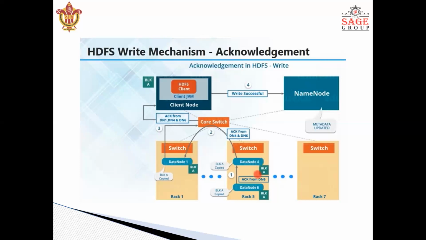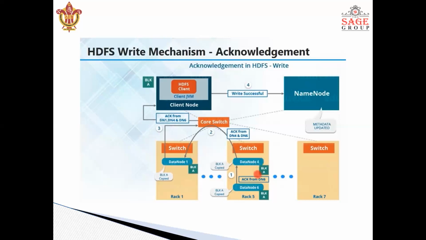copied successfully. After that the client will send a message to the name node that the writing has been successfully completed and all the blocks have been copied to the data nodes assigned by the name node, that is data node number 1, 4, and 6. So the name node will receive that message and update its metadata. As we discussed earlier, the name node stores the metadata, which is the data about the data.